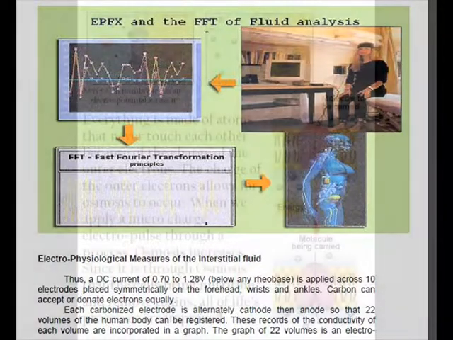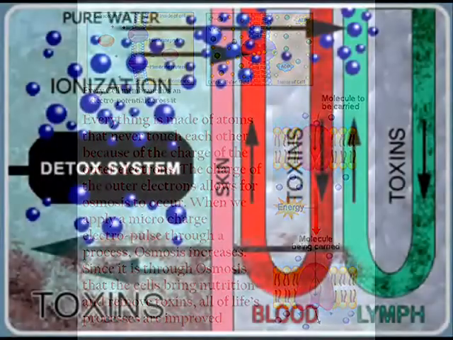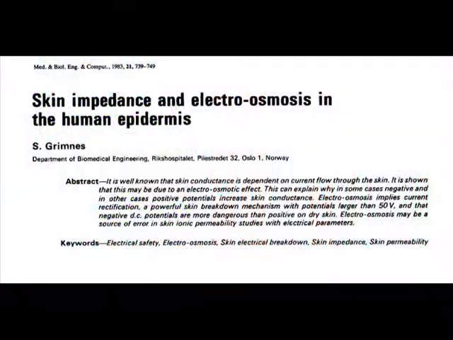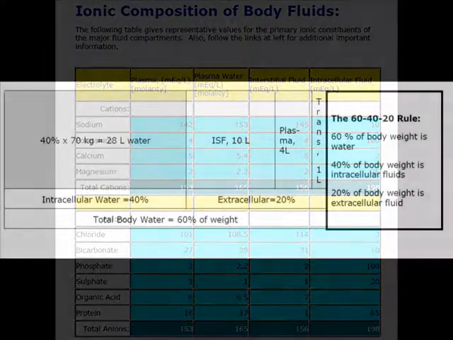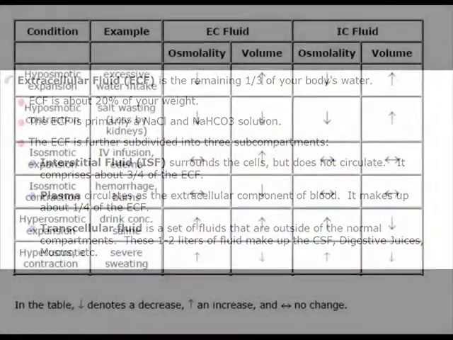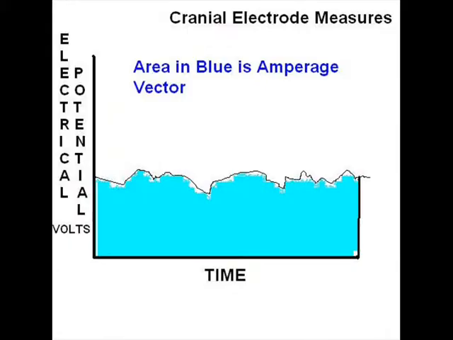We can measure these with the SCIO, and then measure the electrophysiological factors of the interstitial fluid, and this has to do with the osmosis factors and the electropotential of the membrane. So there is a body electric that can be measured, and we can see these factors and measure these factors with the SCIO.